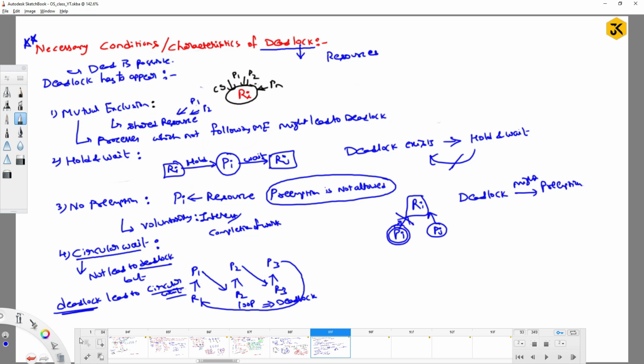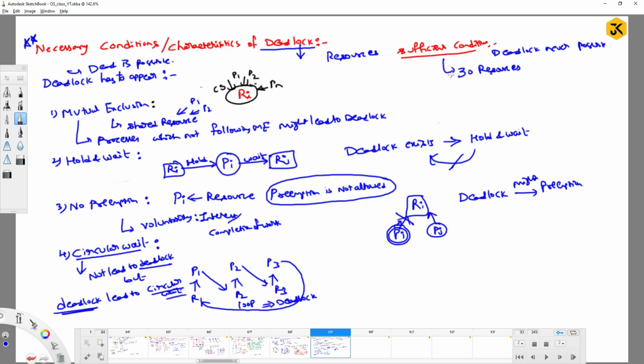And one more point I would like to discuss here, that is a sufficient condition. Sufficient condition is concentrating on deadlock never being possible. If I say that there are a minimum of 30 resources, and that can definitely avoid the deadlock, we can call it a sufficient condition, right?